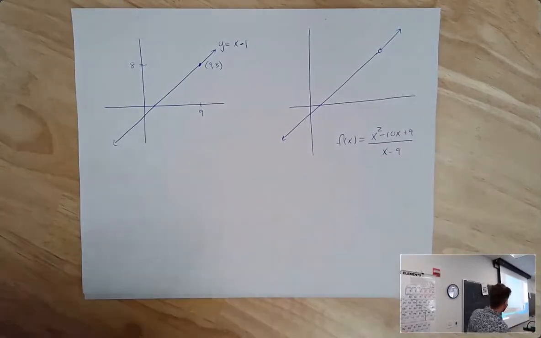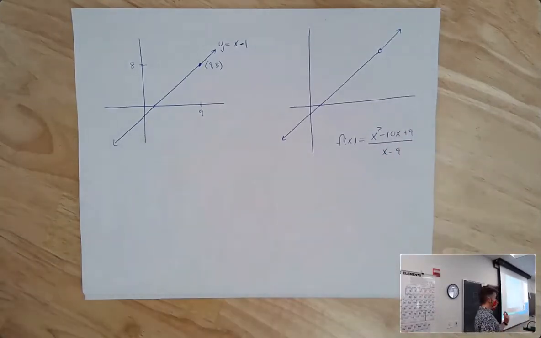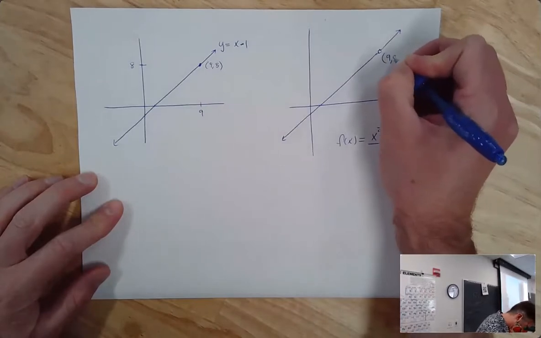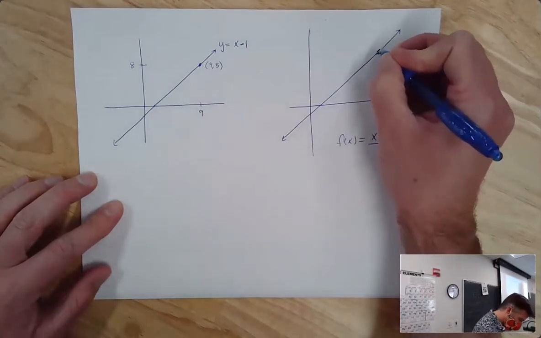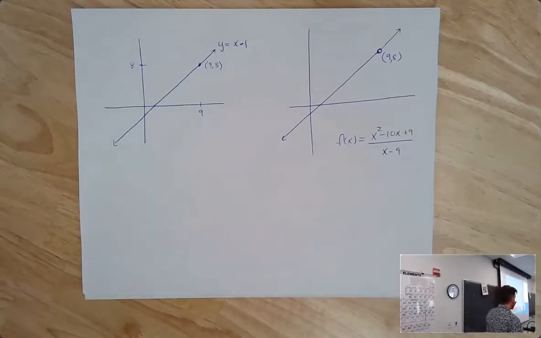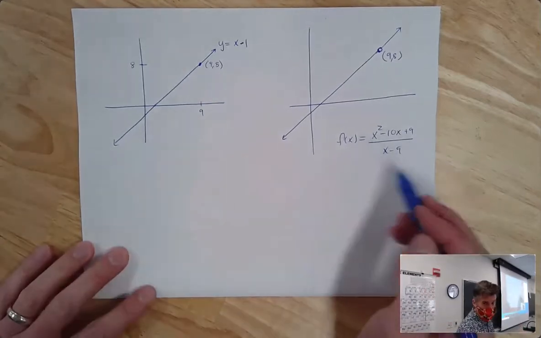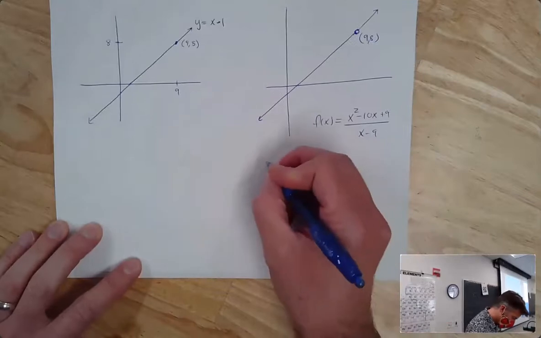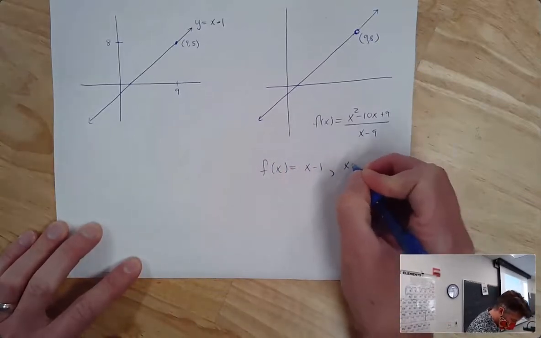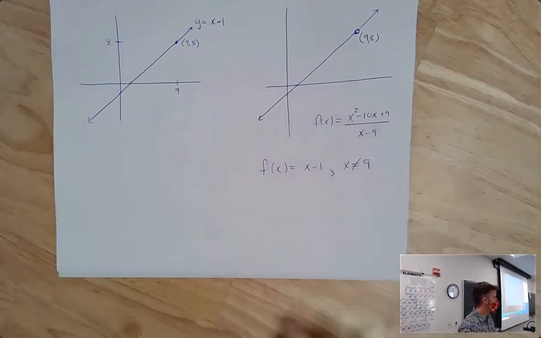It's literally the same function minus 1 point. This function doesn't have the point 9, 8. It is undefined there. But everywhere else, when x isn't equal to 9, that function is equal to x minus 1. In fact, people typically rewrite this function as f of x equals x minus 1, except x can't be 9.